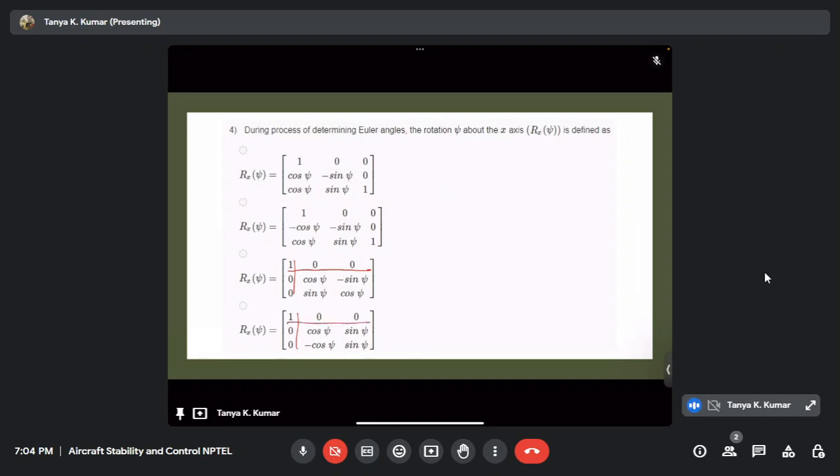If it's about the y-axis, the second row, second column will be 1, with 0 1 0 and a combination of that. If it's about the z-axis, the last row will be 0 0 1, 0 0 1: last row, last column. So it's one of these two options. Now, what is the correct sequence for cos and sine?